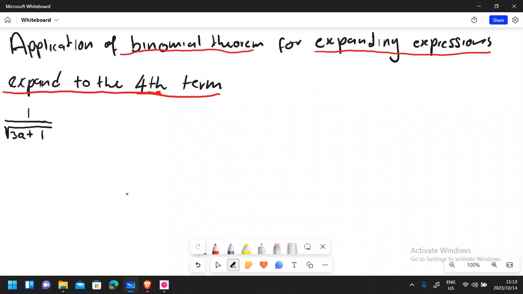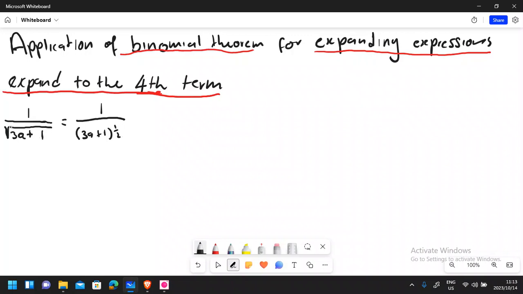When we simplify, we need to take the root of 3a plus 1 and change the root into an exponent. So the first step is to change the root to an exponent. You're going to have 3a plus 1 to the power of half.